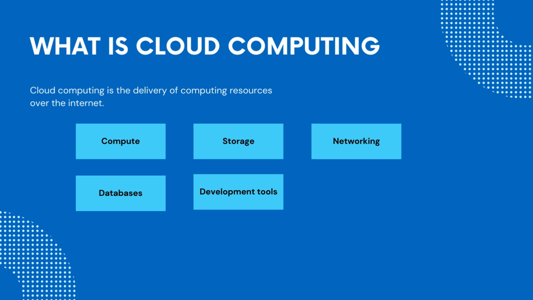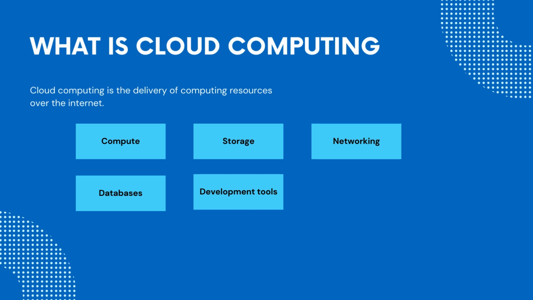What happens if you get more traffic and more people are using your server? You're more likely going to experience a crash. But with cloud computing, you can order these computing resources over the internet through any of the major cloud service providers, and you can scale up and scale down depending on the demand.